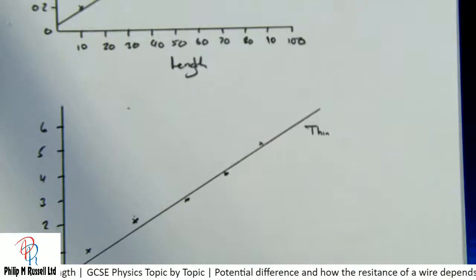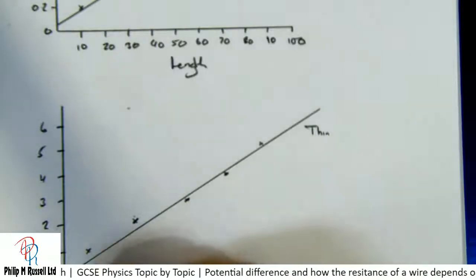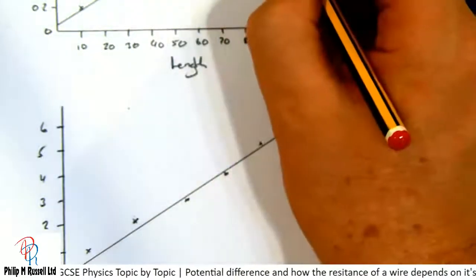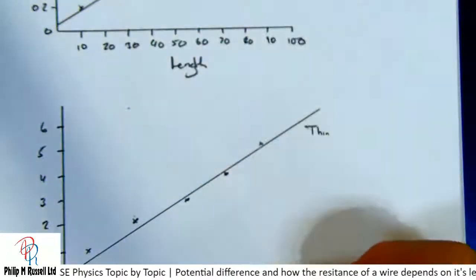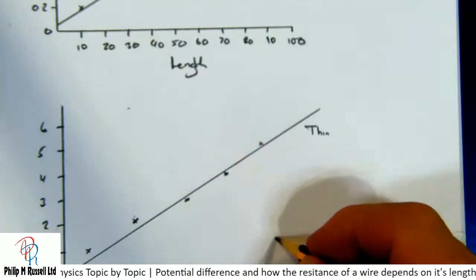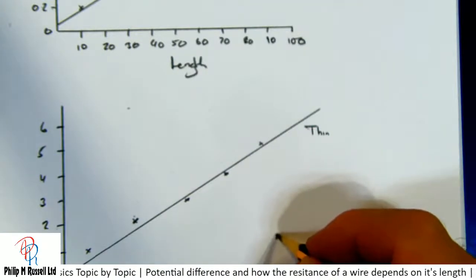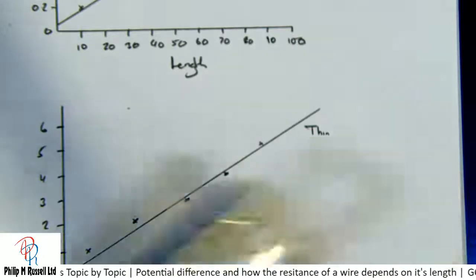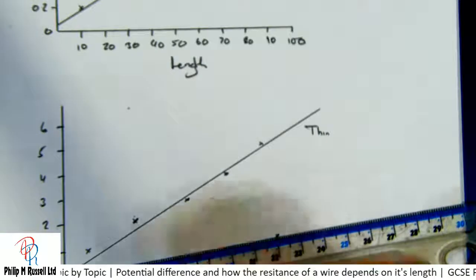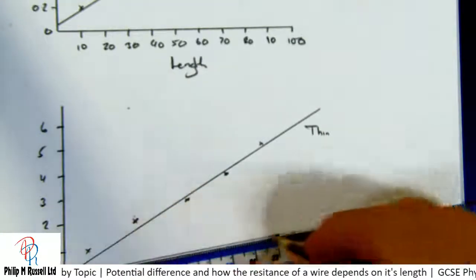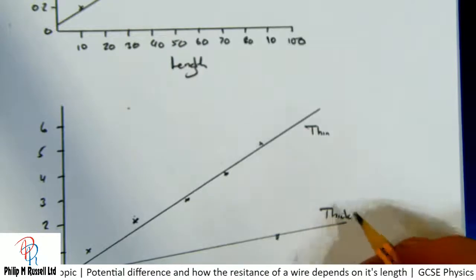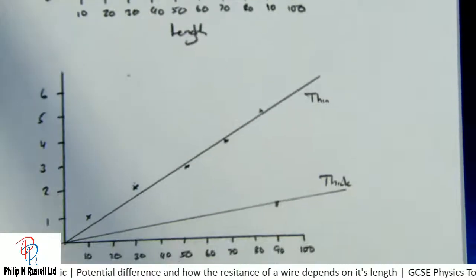And if I wanted to plot the other one on the same value, then we're only going up to 1.2 at 90. So we could see if we had them on the same graph, then the lines would be something like this.